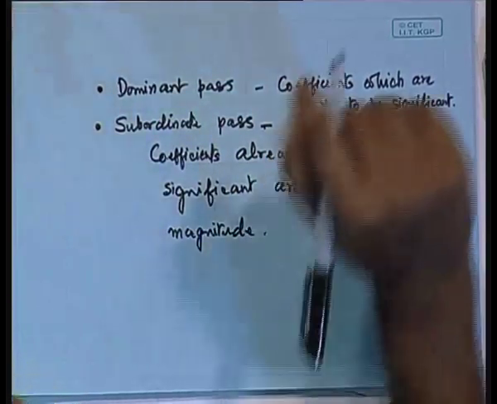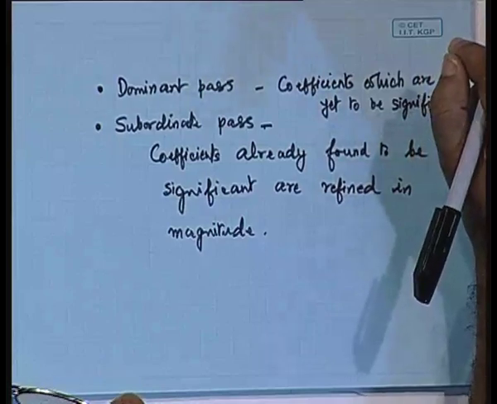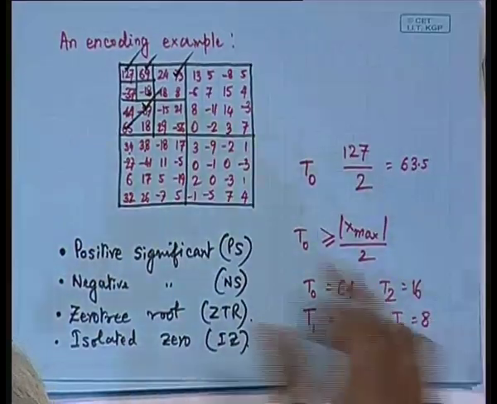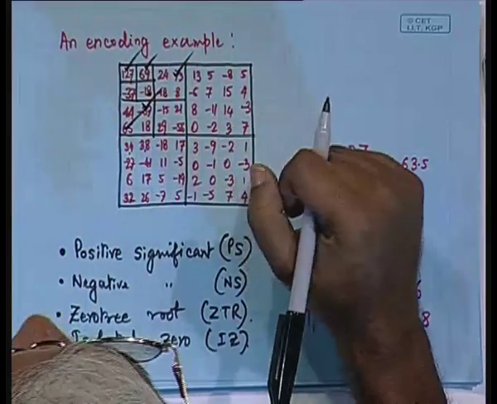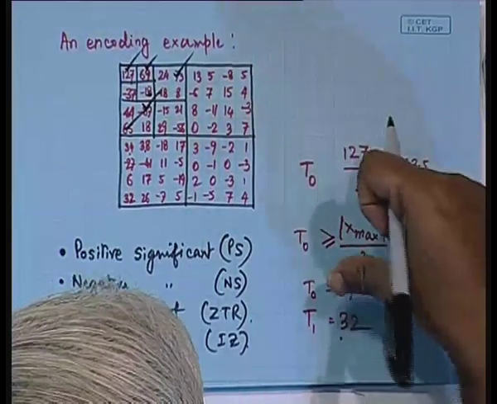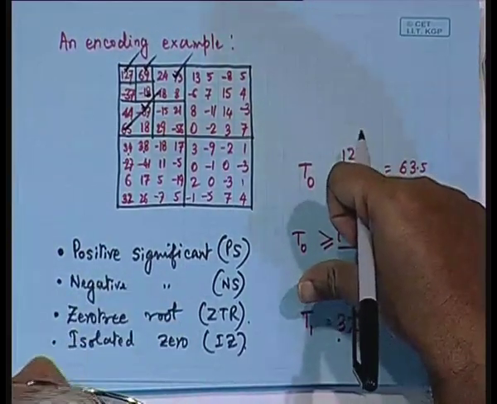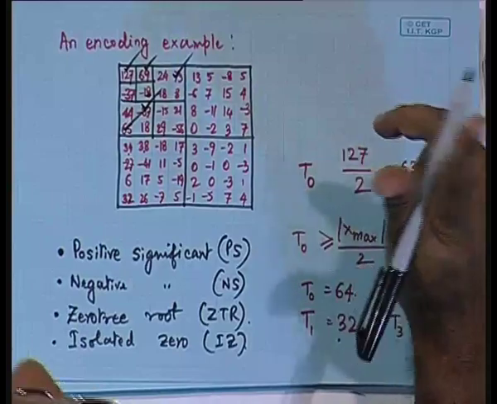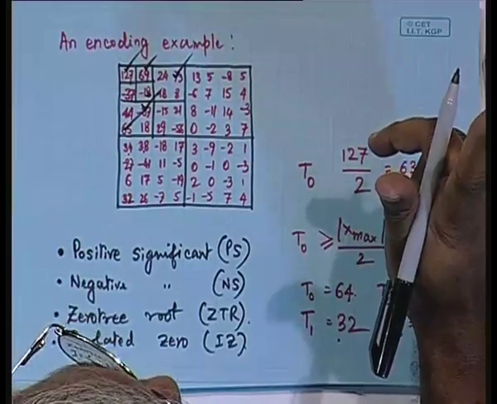It is by a process of successive approximation. What I mean by successive approximation is like this. Let us say that we have a value equal to 127. Initially in the first pass, when the threshold value is 64, it is significant. So we say that this is encoded as positive significant, so it has a value equal to 1.